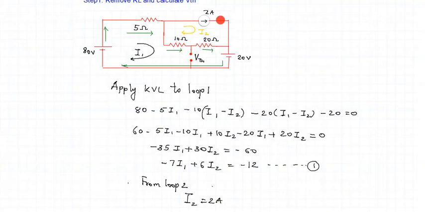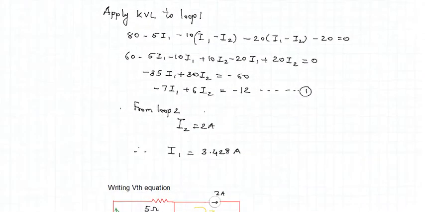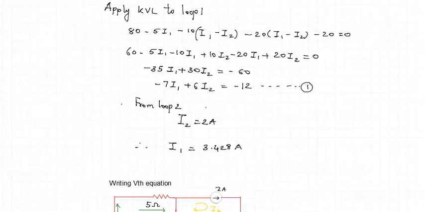So from loop 2 we get I2 to be 2 amperes. Substituting I2 in equation 1, we get I1 to be 3.42 amperes.